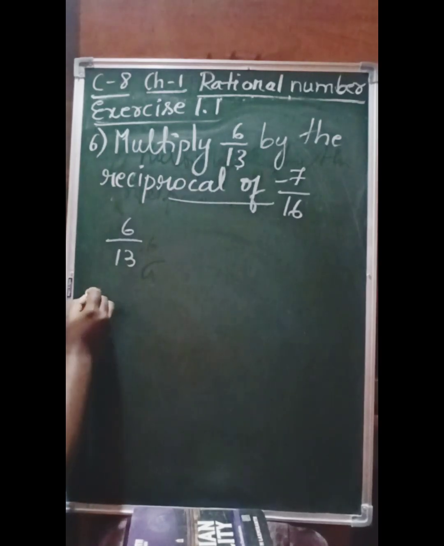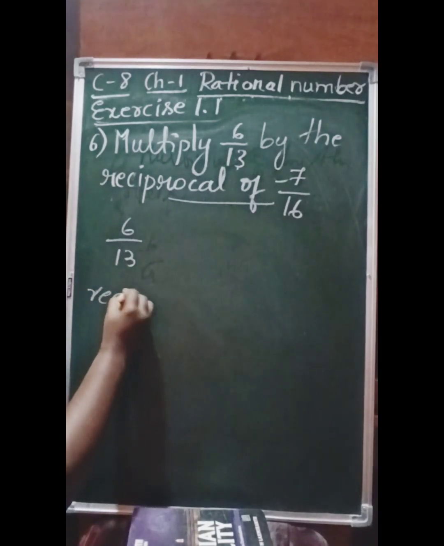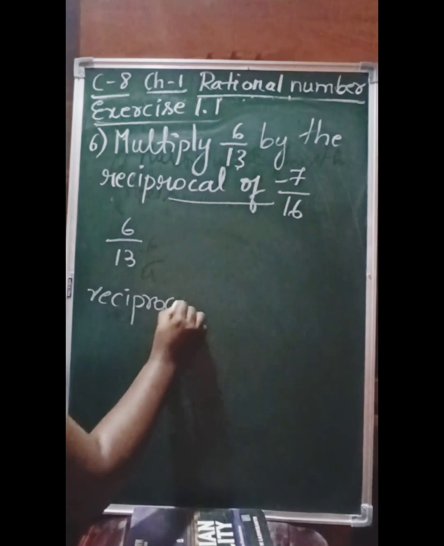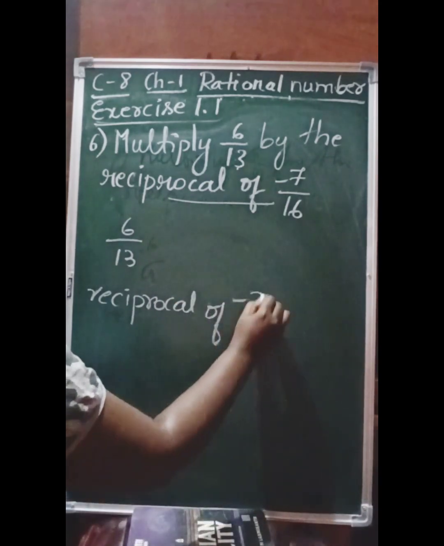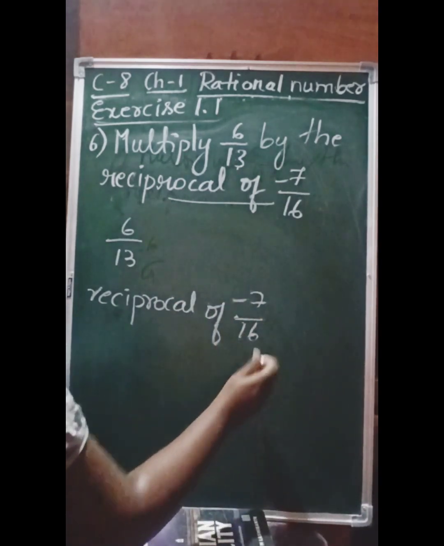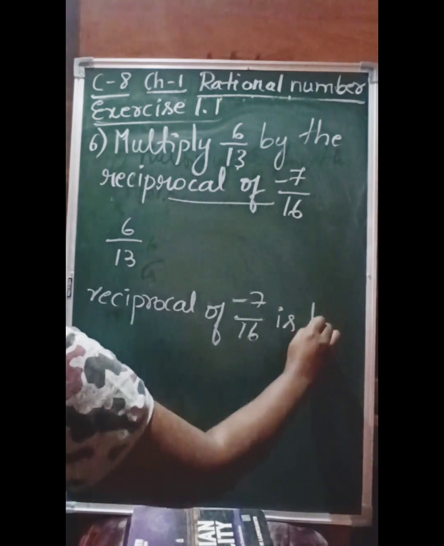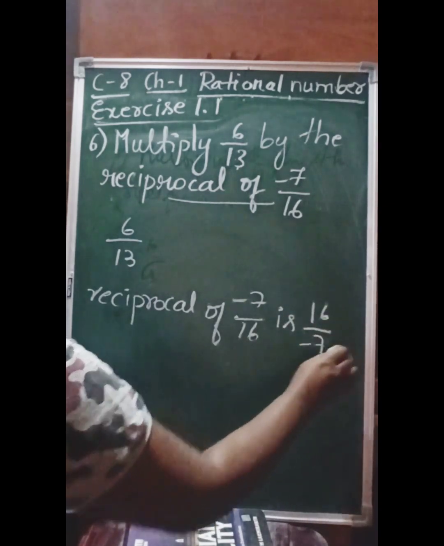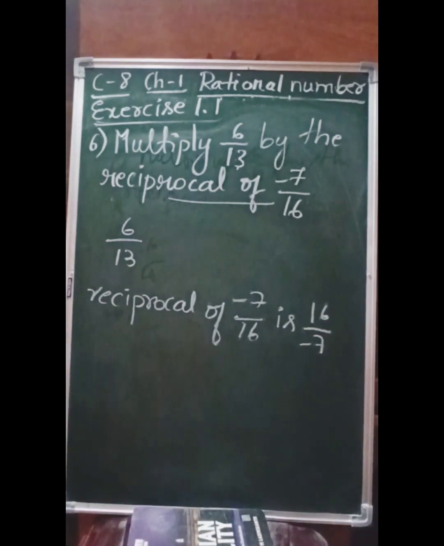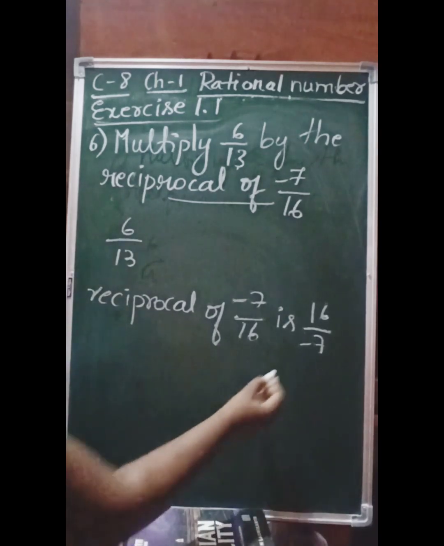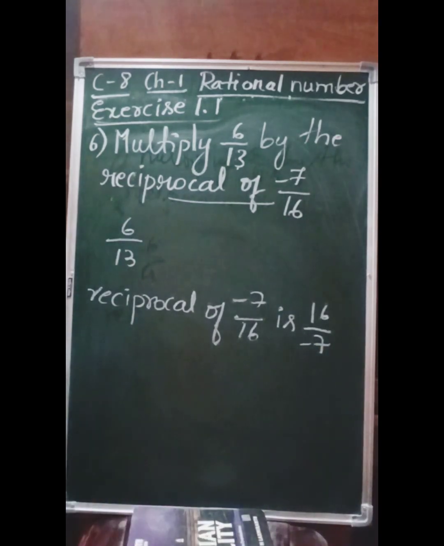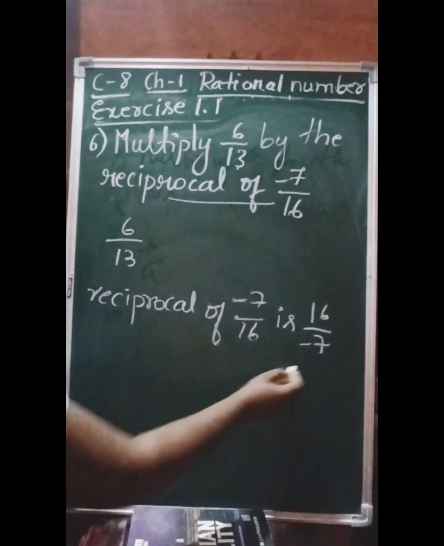So the reciprocal of minus 7 by 16 is 16 by minus 7, right? Or you can consider minus 16 by 7. So this is the reciprocal.